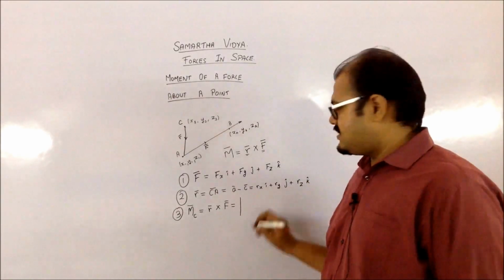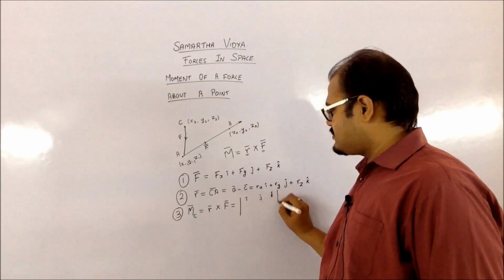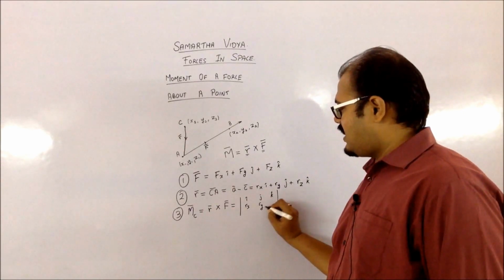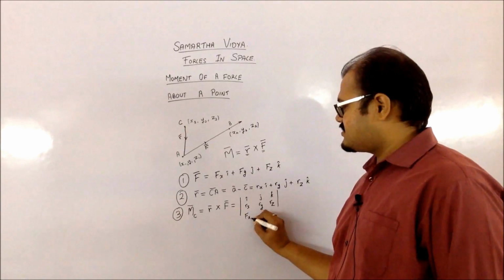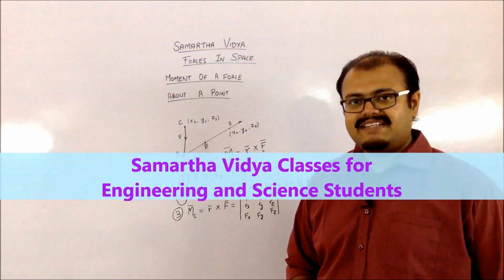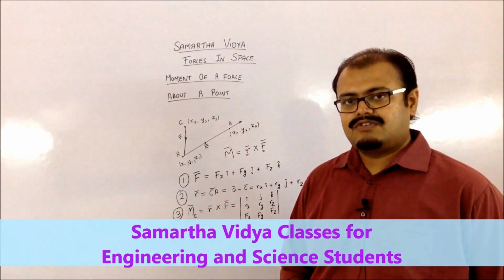So your determinant will consist of i, j and k, with the terms Rx, Ry and Rz, and Fx, Fy and Fz. So these are the basic steps which you should follow while calculating the moment of a force about a point.